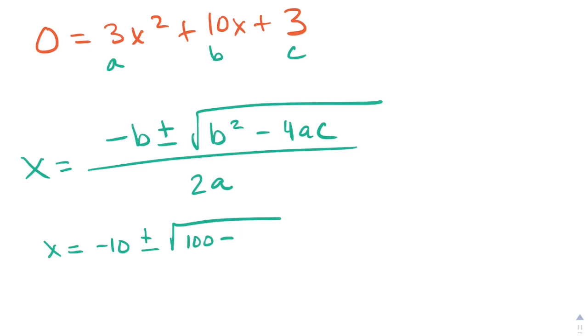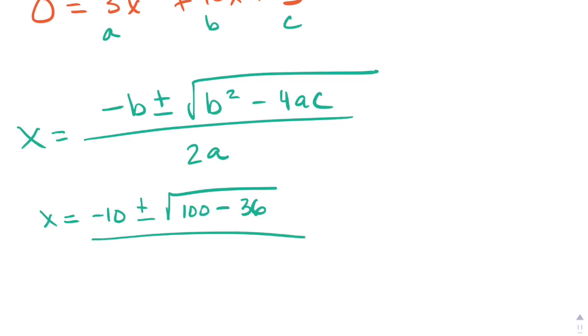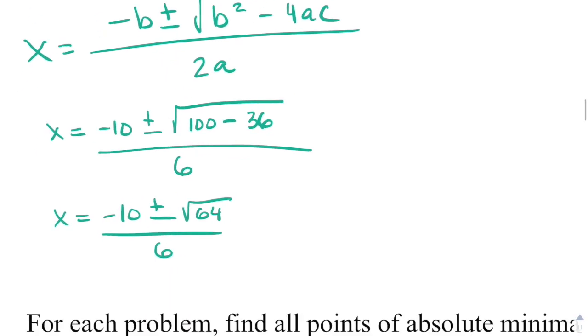So 4 times 3 times 3, which is 36. Right? 4 times 3 times 3, 36. Good. All over 2a, which is going to be 6. So x equals negative 10 plus or minus the square root of 64, all over 6.